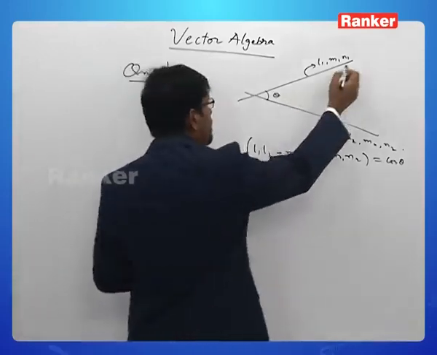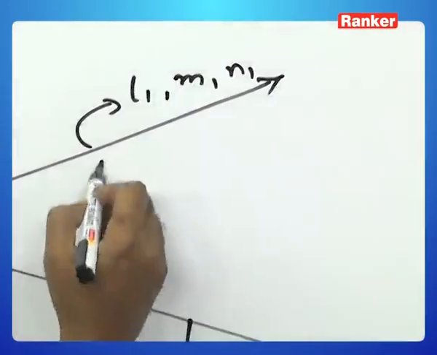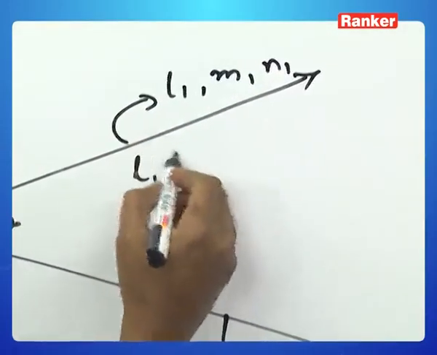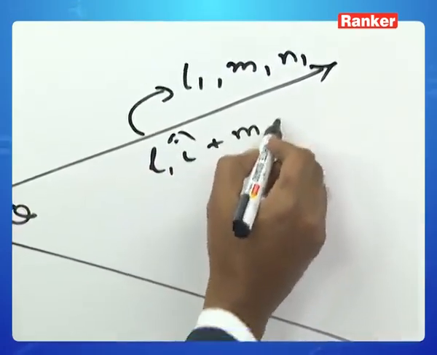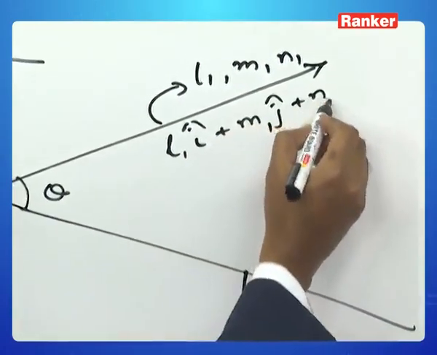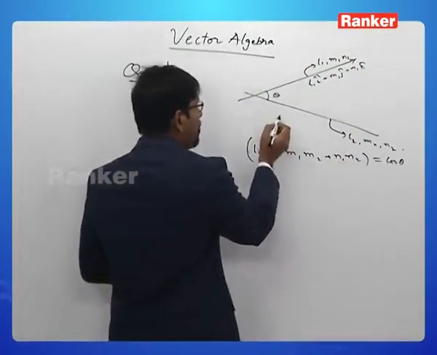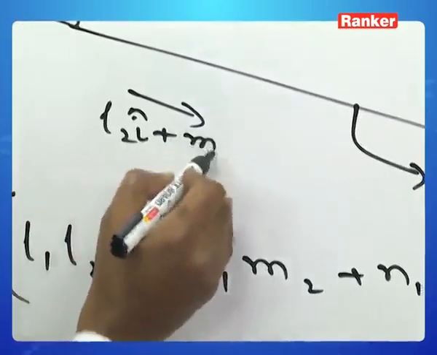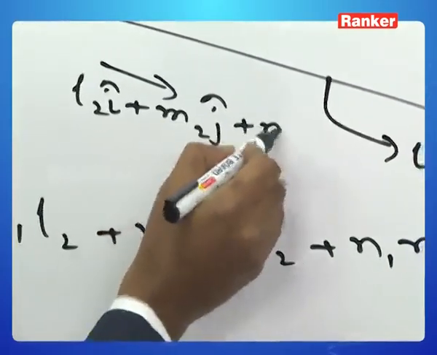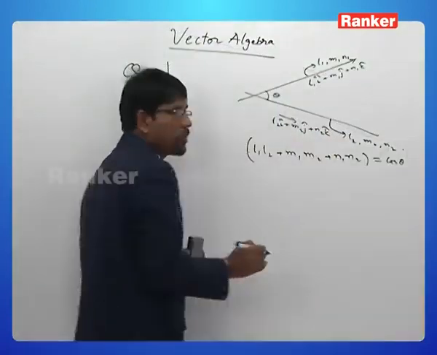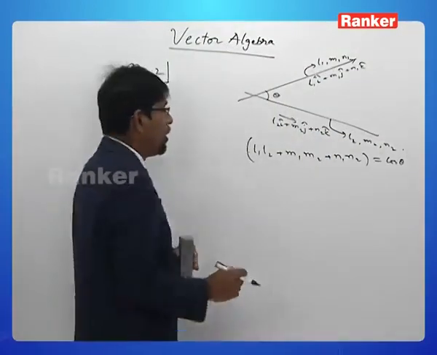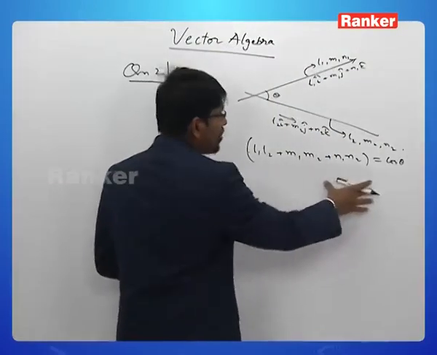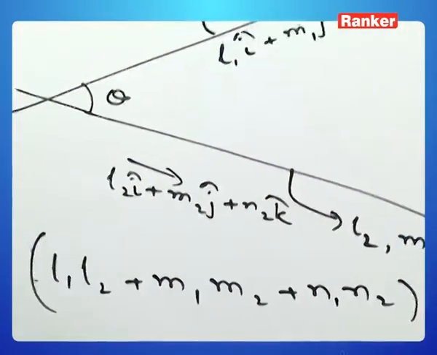If you take the unit vectors along the lines, L1 i plus M1 j plus N1 k is a unit vector along the first line, and L2 i plus M2 j plus N2 k is a unit vector along the second line. So cos theta is the angle between them, clearly.